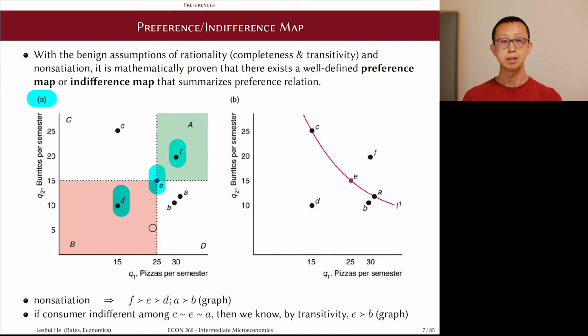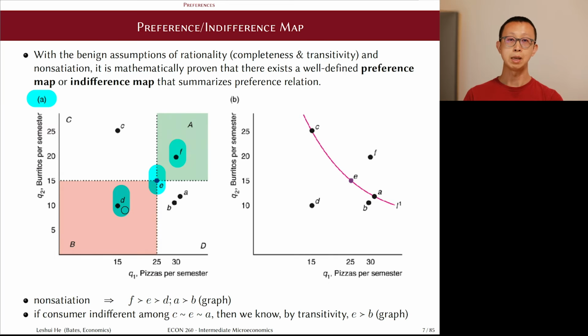What we mean by that is that the consumer would prefer bundle F over bundle E over bundle D. And the reason is because bundle F offers more of both goods than bundle E. Therefore, F is better than E. And bundle E offers more goods than D. And therefore, the consumer will prefer E over D.